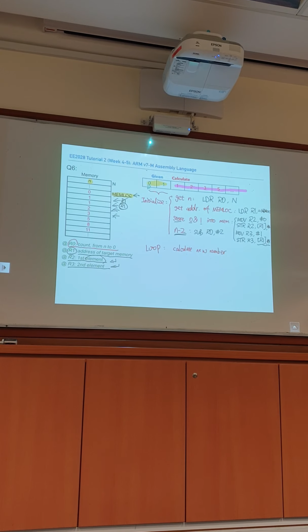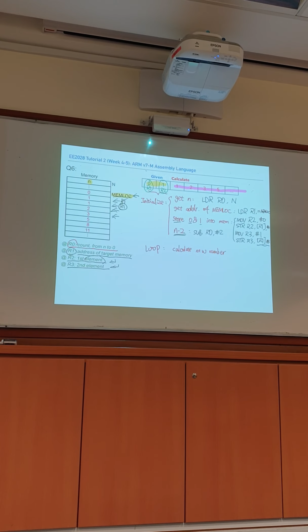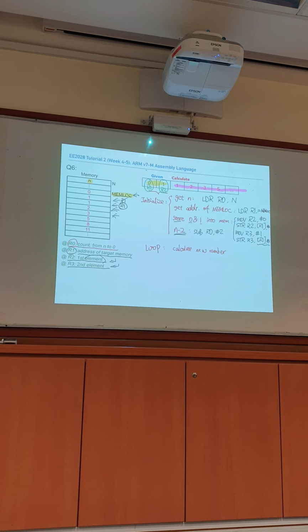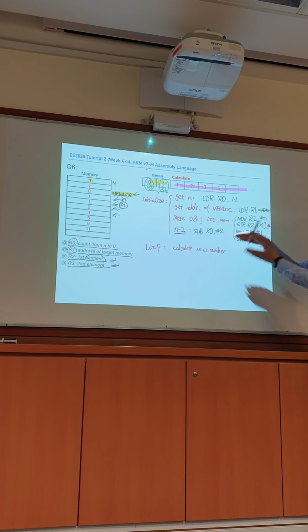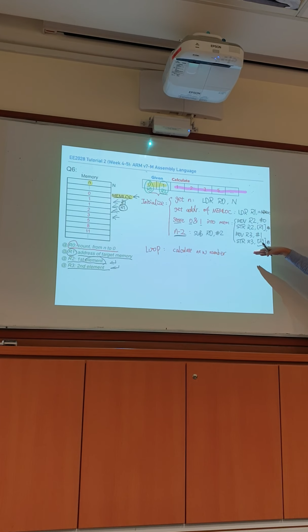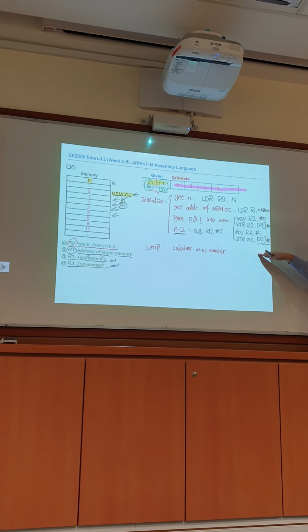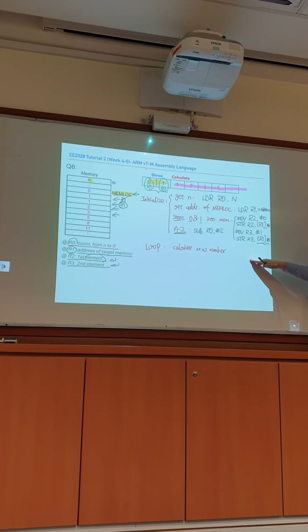Let me write here. Your R2 is basically holding 0, and your R3 is basically holding 1. Then what's next? We are in the loop now. Since you know that you are in the loop, when you construct your instruction, you need to be careful that whatever you write here can be done repeatedly.